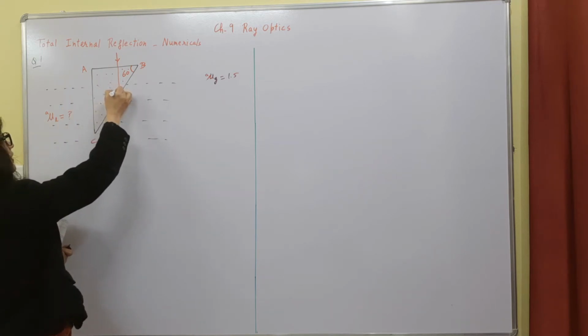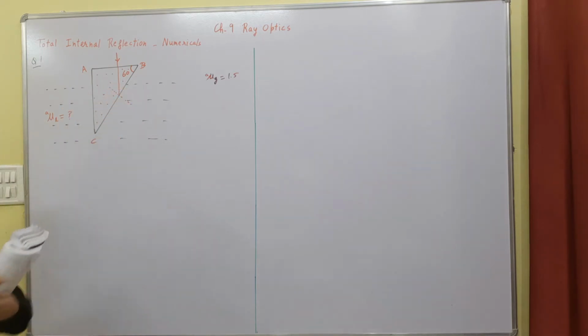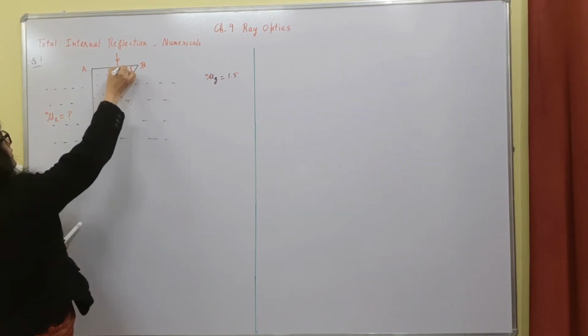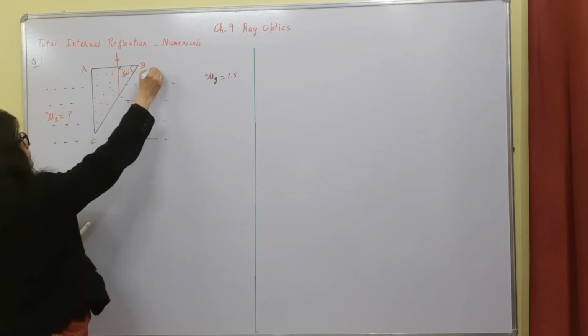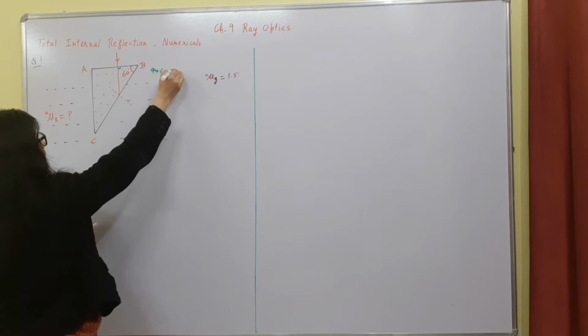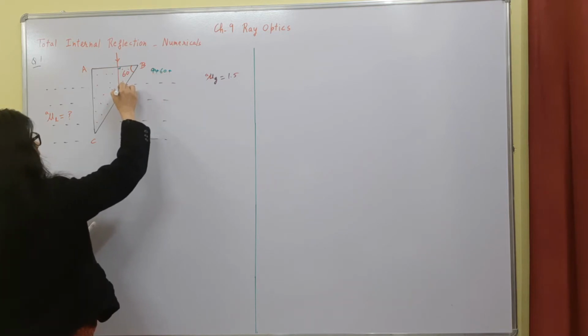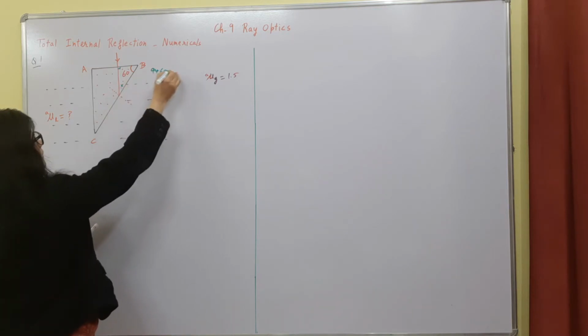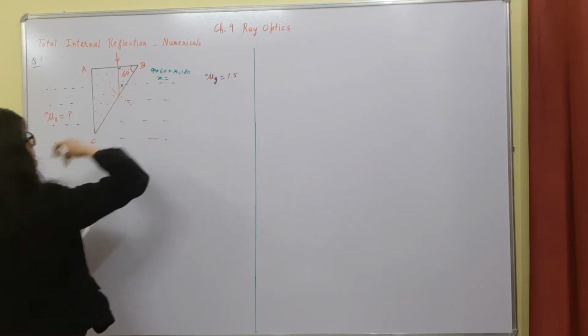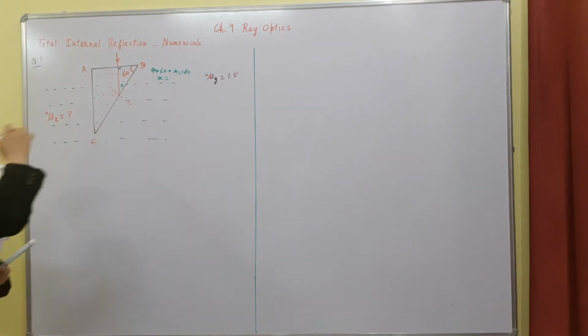So when it is moving from denser to rarer, right? Let's check this angle of incidence. We know that this will be 90 degree. 90 plus 60 plus this angle is equal to 180. So x is equal to 30 degree.